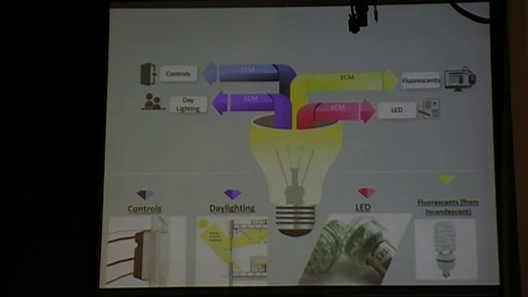Employ some daylighting ideas into your building. And finally, upgrade your controls. Add some lighting controls that actually turn off the lights when nobody's there, right? Or dimmer systems that let you use less energy when you don't need it. Because a lot of times you have openings to the outside in the daytime and you don't need so much light. So try to use that when you can.